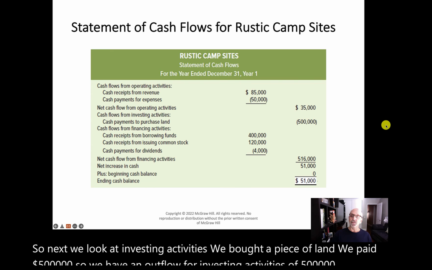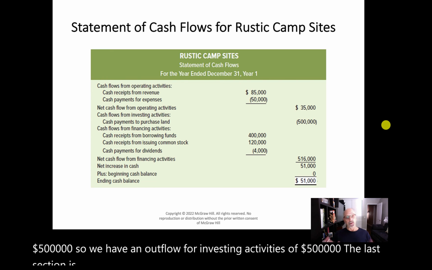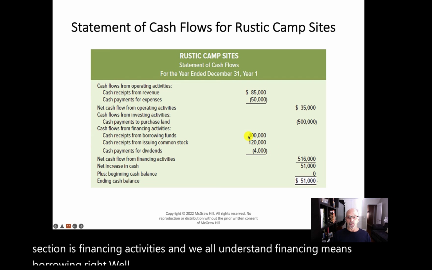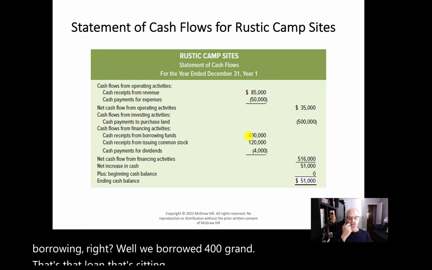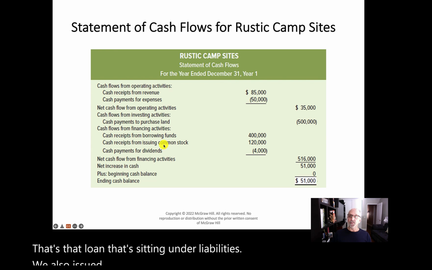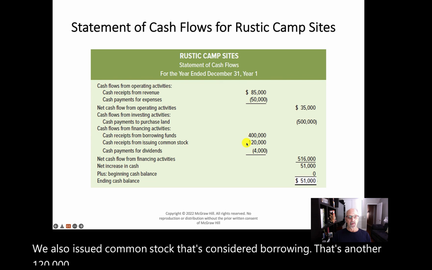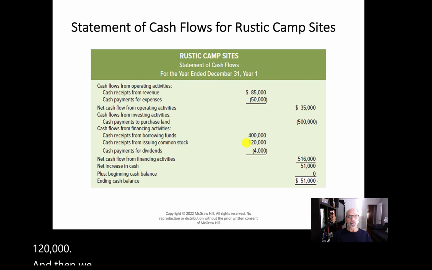The last section is financing activities, and we all understand financing means borrowing, right? Well, we borrowed 400 grand. That's that loan that's sitting under liabilities. We also issued common stock. That's considered borrowing. That's another 120,000. And then we had cash out for dividends.